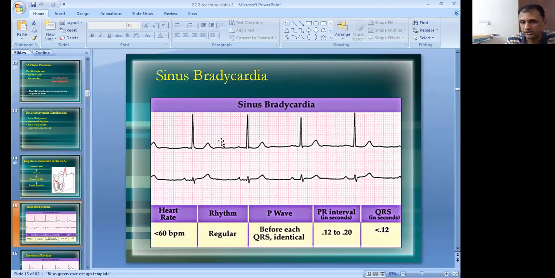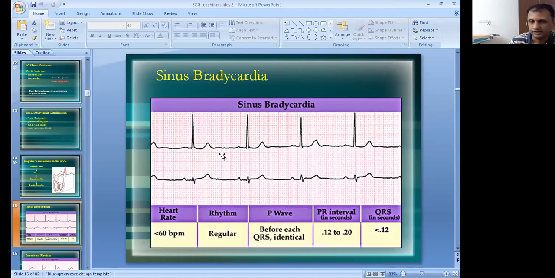If you're counting the bigger boxes, it's 300 divided by the number of big boxes between two RR intervals. Here roughly 6 big boxes, so 300 by 6 is 50. But if it's not falling on the points, if it's falling in between on the smaller boxes, then you use a different calculation: 1500 divided by the number of small squares. Each big square contains 5 small squares.